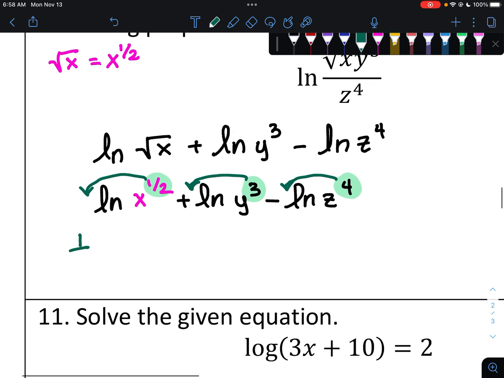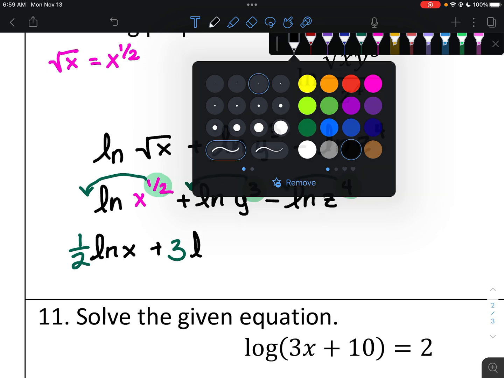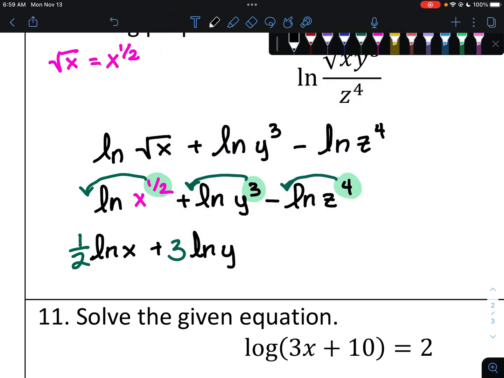So we have 1/2 the natural log of x plus 3 the natural log of y minus 4 the natural log of z. And that is our final answer.